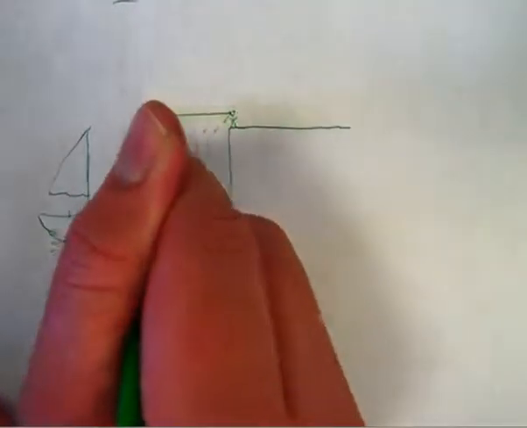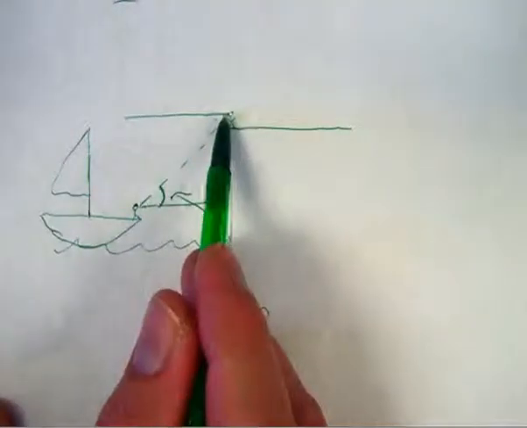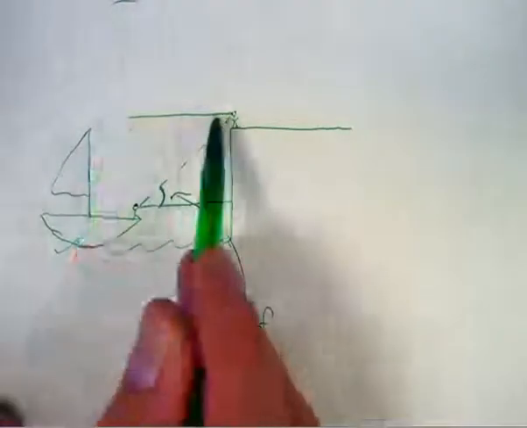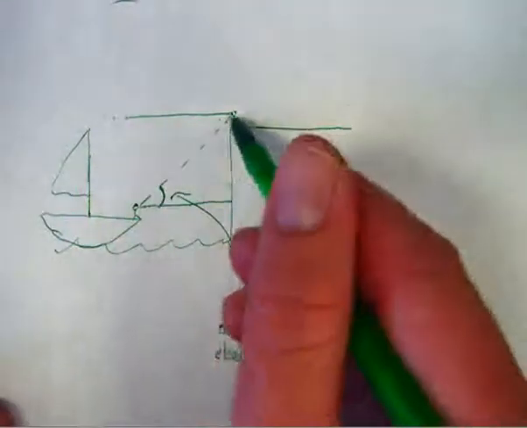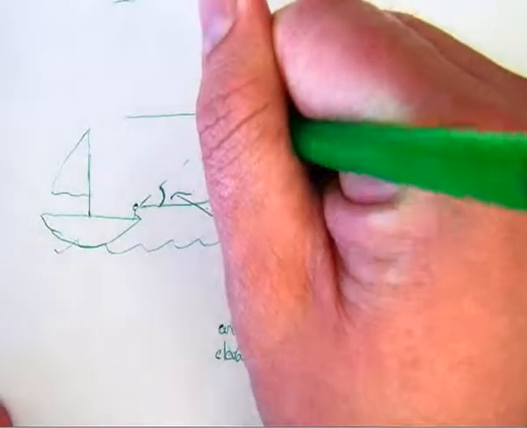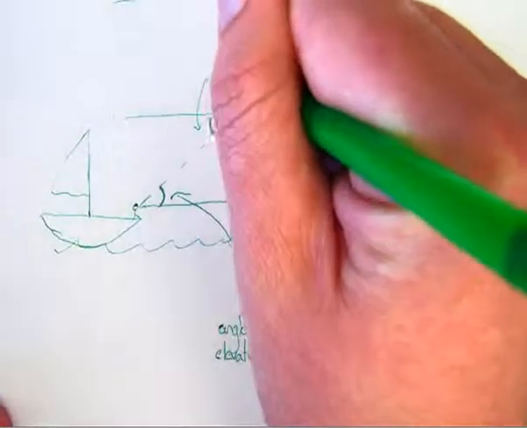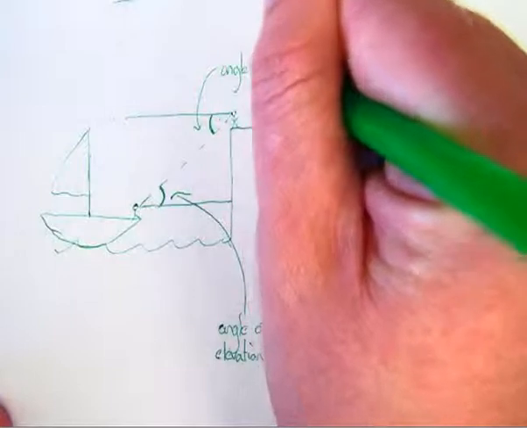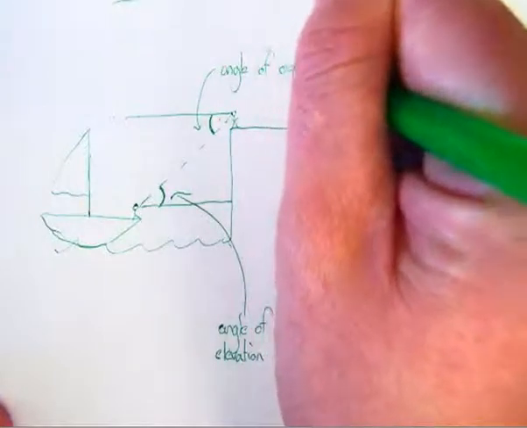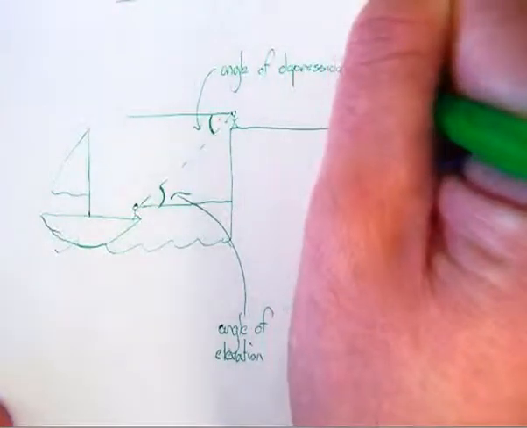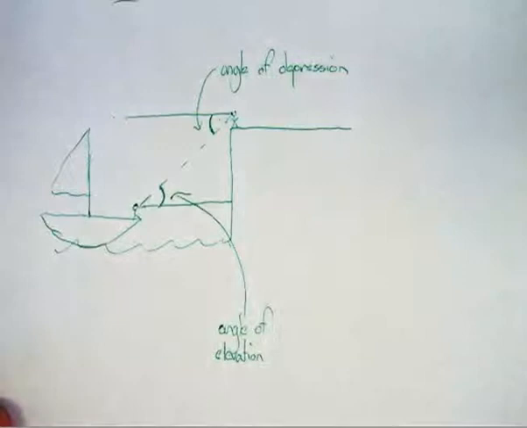When you're looking down, imagine that this line describes how this person would be looking straight out, but they're looking down. This angle is the angle of depression. That is how far they are looking down in order to see whatever object they're looking down upon.